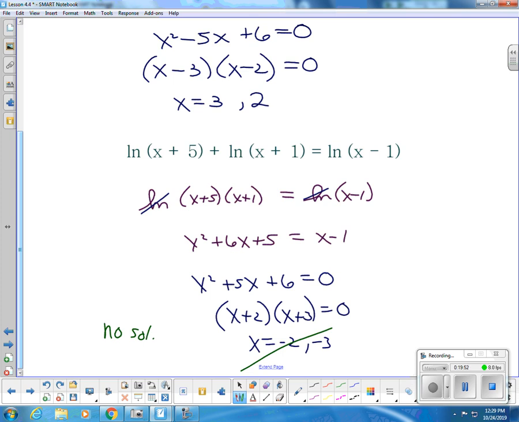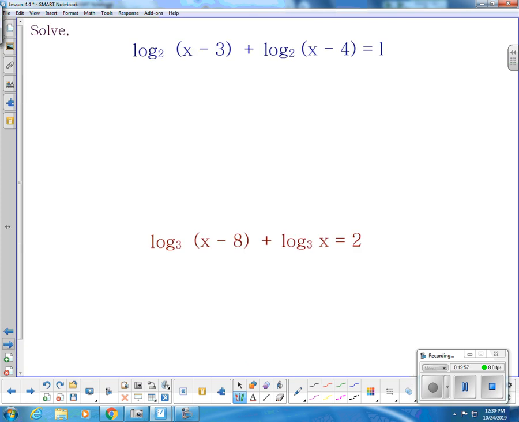All right. Moving on. What do you think? Can I combine the left side into a single log? They're the same base, so we can combine the left side. And since now I only have one log, I can rewrite it exponentially.